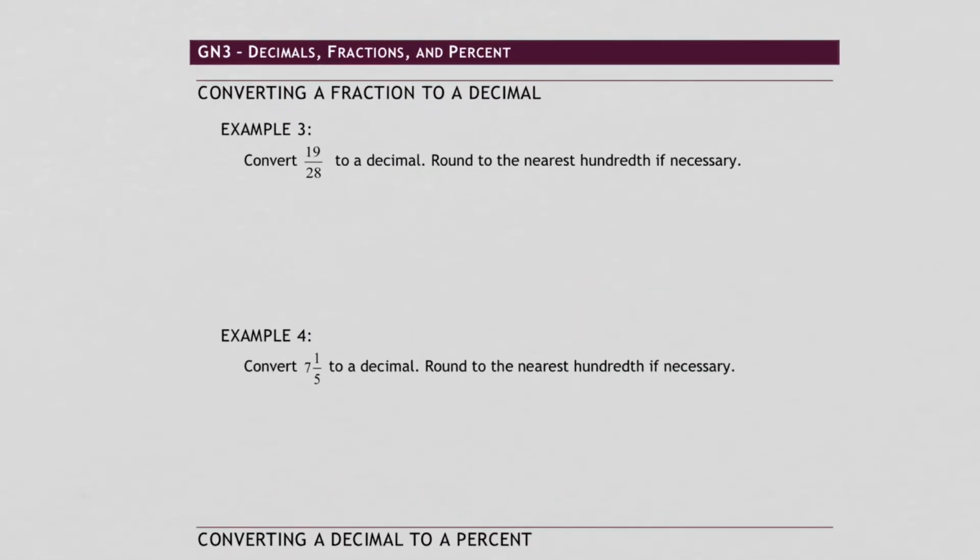Then for the next section, we're converting into decimals. For these, we're going to need to divide. So it says convert 19 over 28 to a decimal and round to the nearest hundredth. That's 2 decimal places.